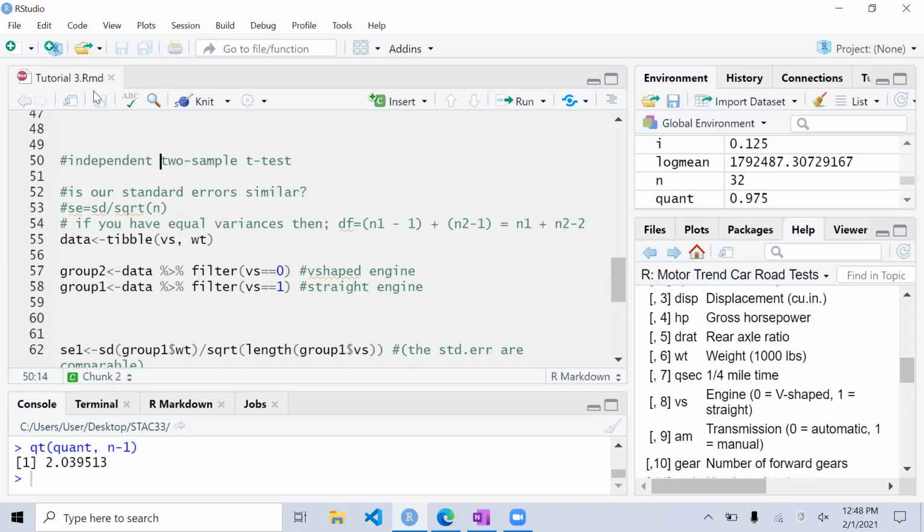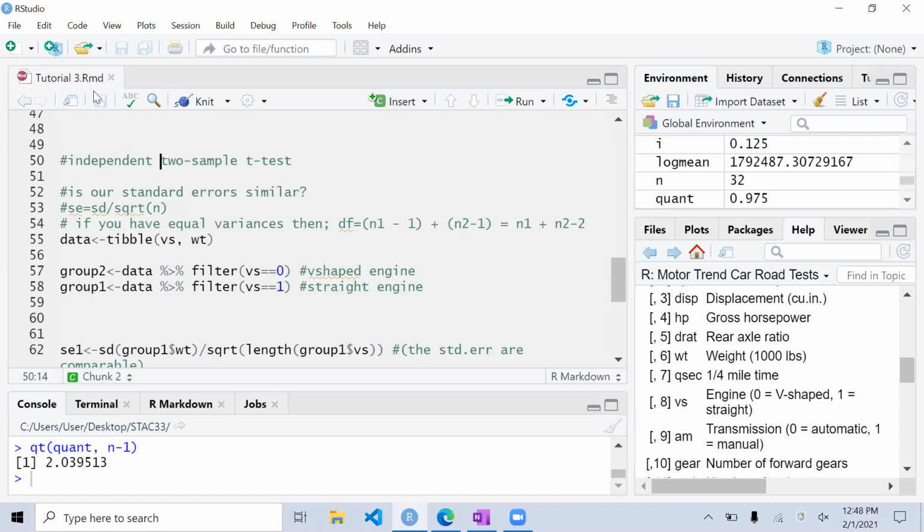We have to be a bit picky here. If we don't have similar variances, we should not feel confident using the pooled t-test, in which case we should use the Welch test. The Welch t-test is the default in R. If you don't specify var.equal equals TRUE, it assumes it's FALSE, which means the default in R is to perform a Welch t-test.